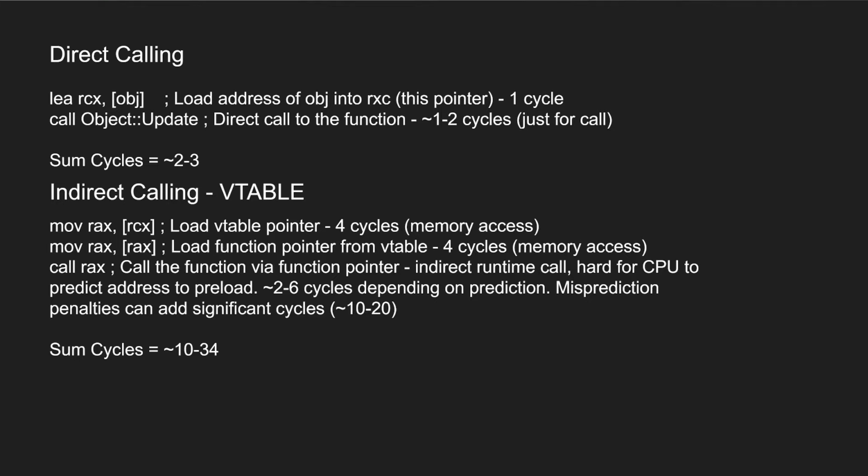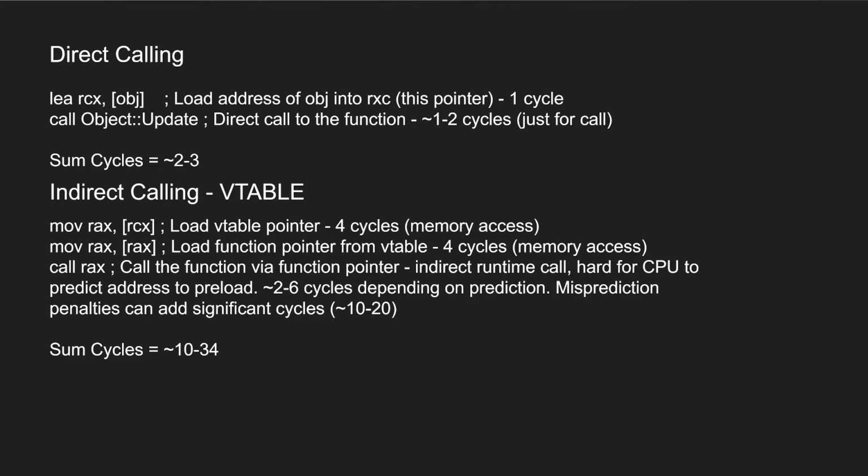Then we've got the indirect call, and here we can see that first we need to load the vtable pointer, and it's a memory access. And again, a memory access, we need to load the function pointer from the vtable, and only then can we call the function, which also costs more and can potentially even cause a misprediction because we don't know at compile time which method exactly will be called at this moment.